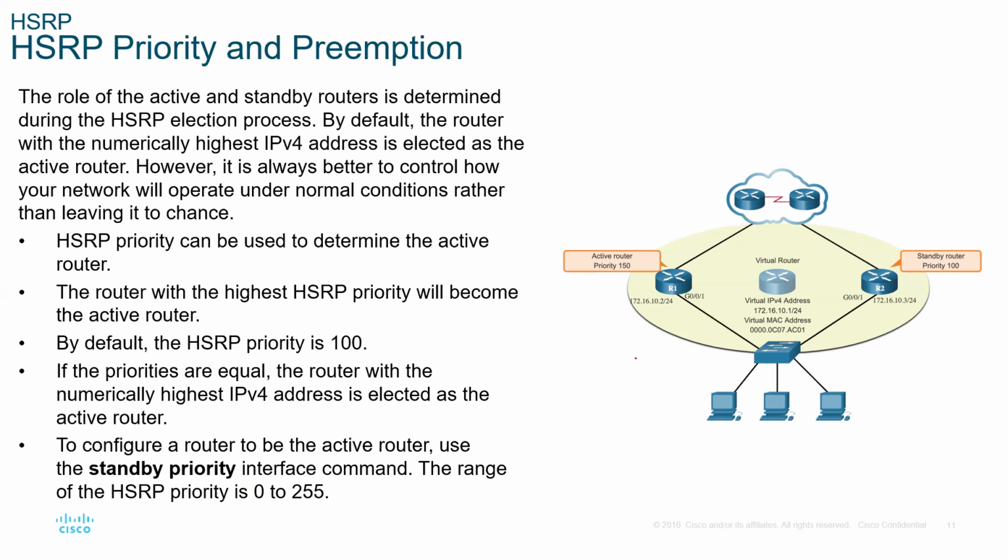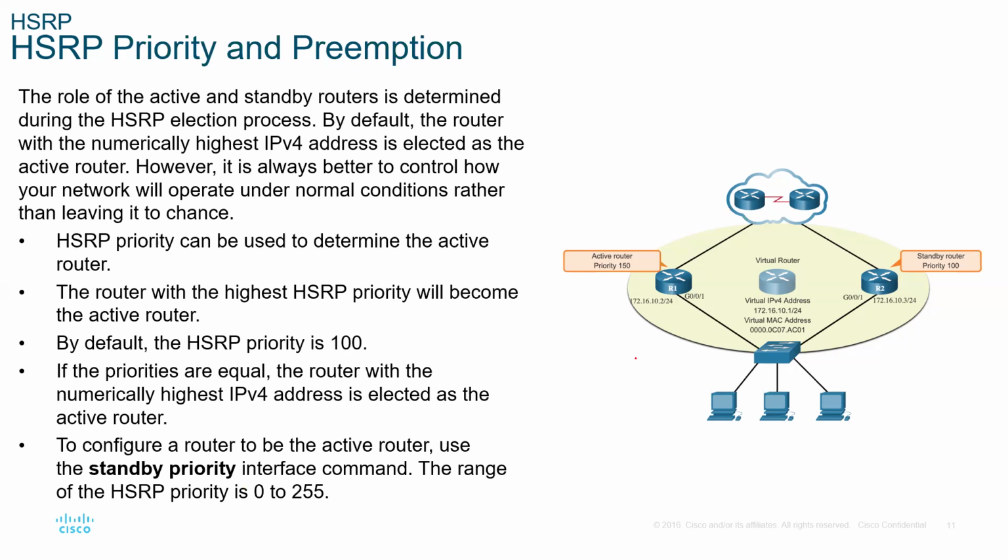Priority and preemption. The role of the active and standby routers is determined by the election process. By default, the router with the highest IP address is elected as the active router. However, it is always better to control how your network will operate under normal conditions.